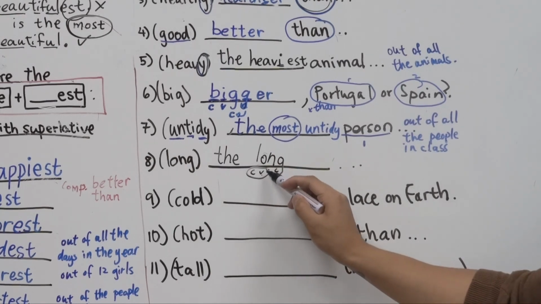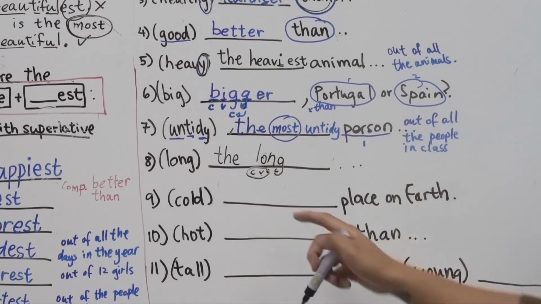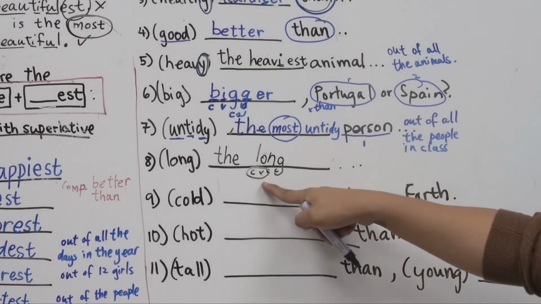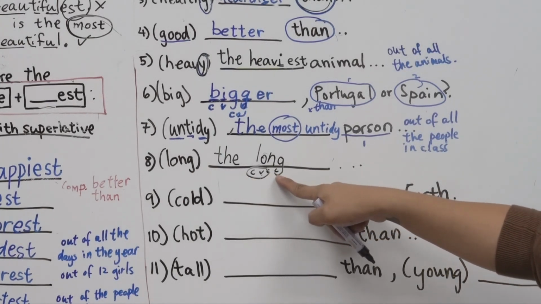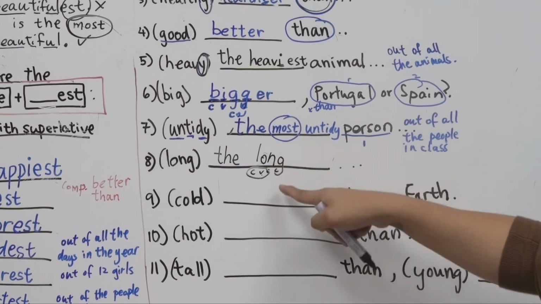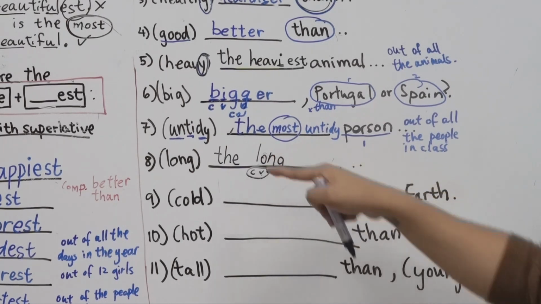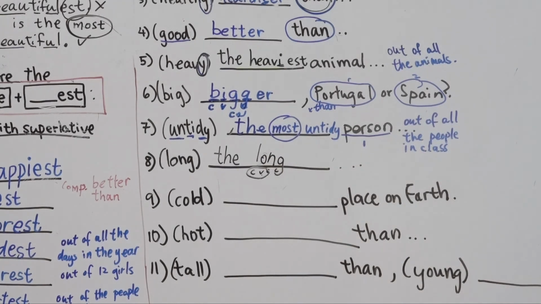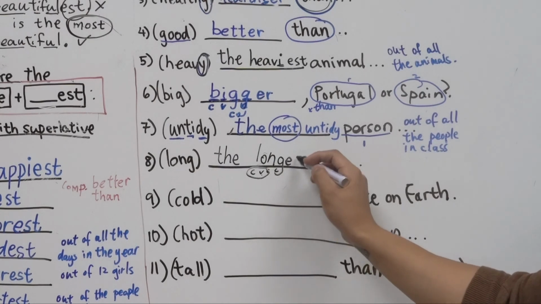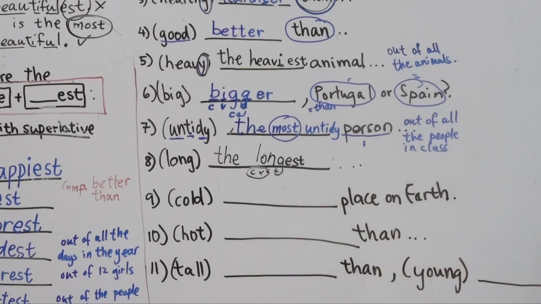So if this is C, V, and C, then we will put another G. But because we have consonant, vowel, consonant, and another consonant here, think of it as a shield, right? A shield. And the thing that we have to add cannot attack it, cannot be attached to it as well. So that's why we can already put an EST here, longest, okay?